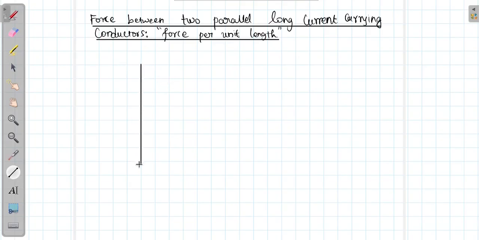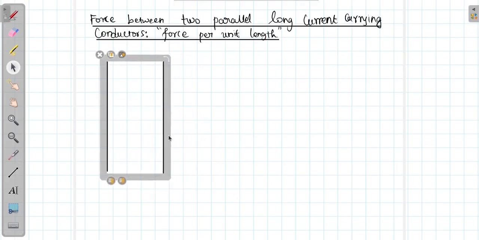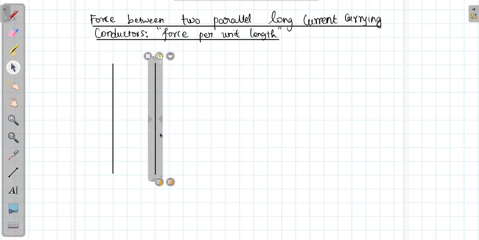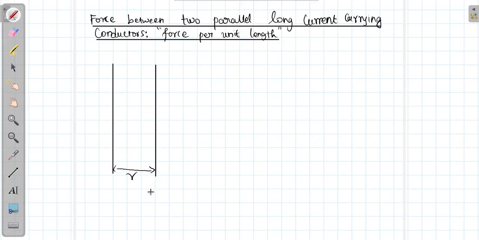Assume we have current carrying conductors. See the distance between the two conductors, and the current is moving in the upward direction.